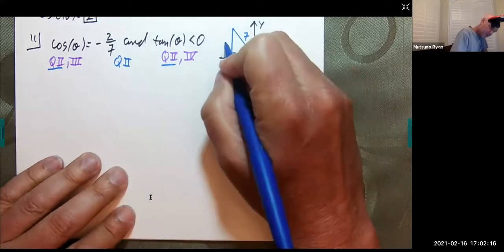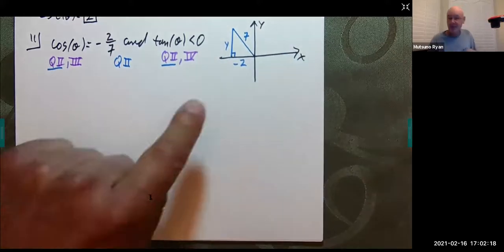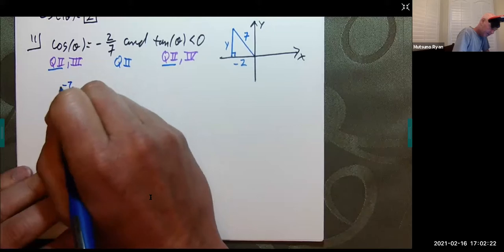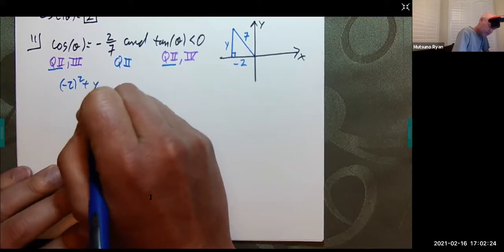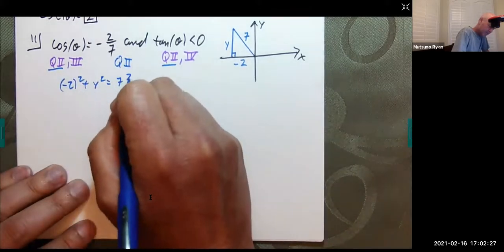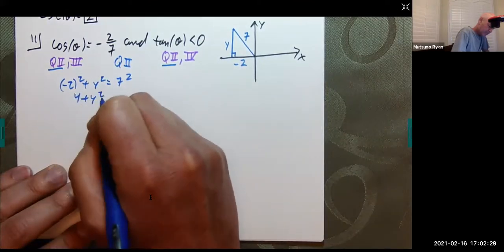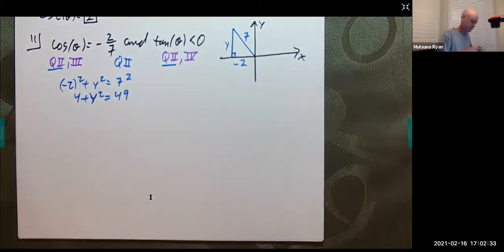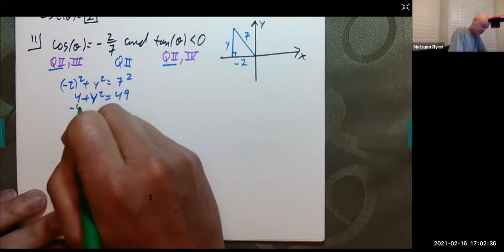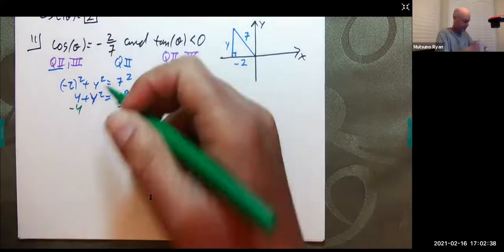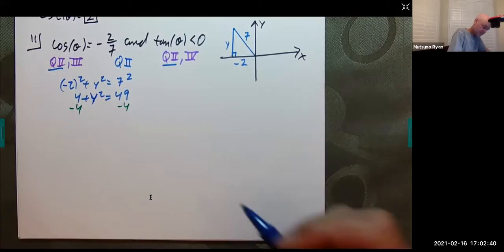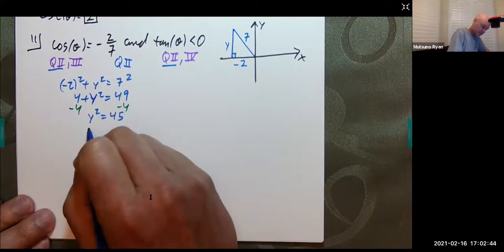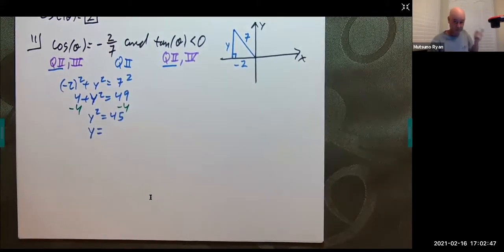So I'll call this y. Please note y will be positive in quadrant 2. Now y is going to be plus or minus, but we need to think about this.